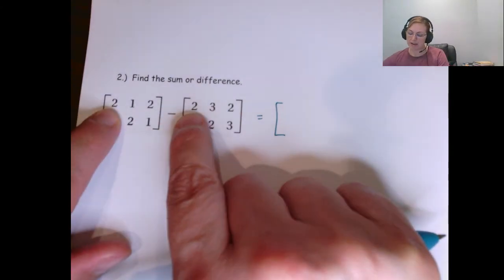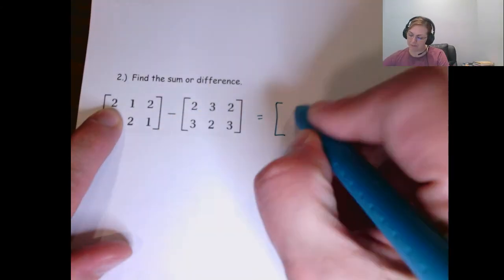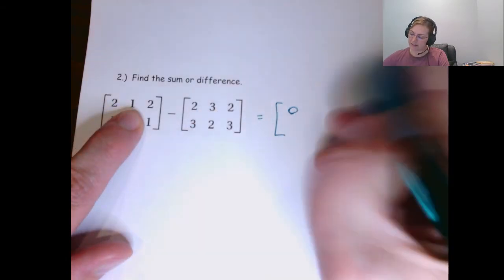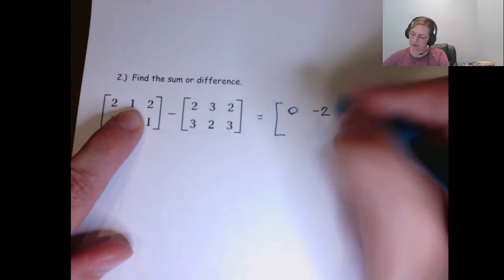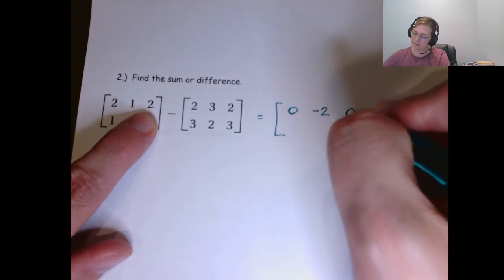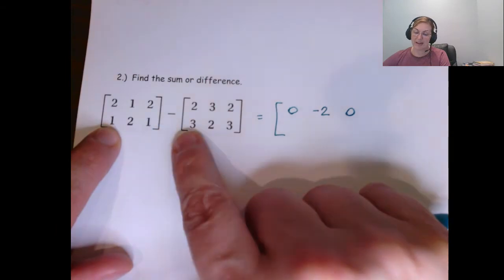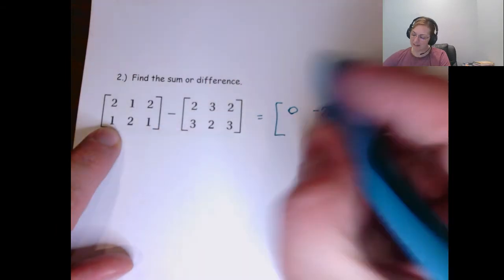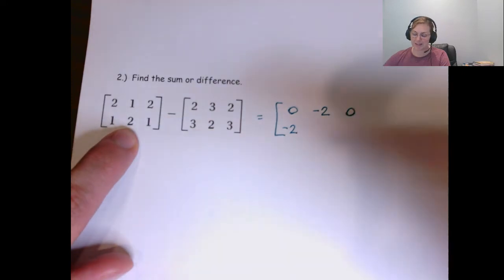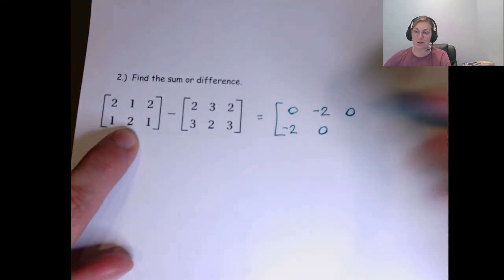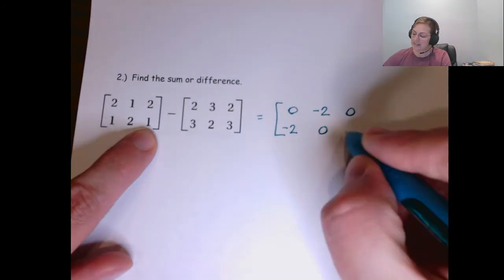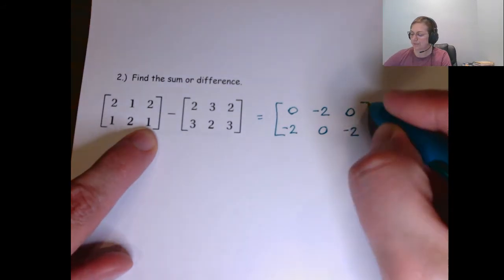So 2 minus 2 is 0. 1 minus 3 is negative 2. 2 minus 2 is 0. 1 minus 3 is negative 2. 2 minus 2 is 0. Remember, at corresponding elements, 1 minus 3 is negative 2.